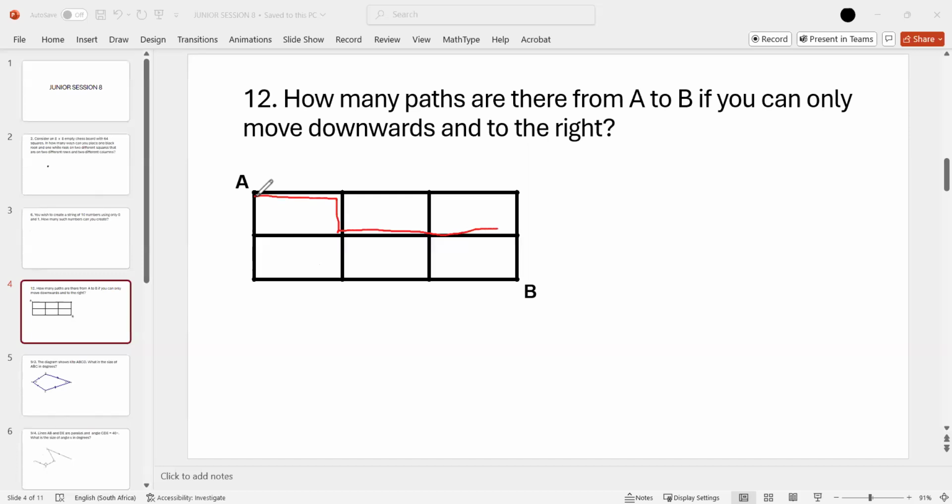And I carry on going to the right here like this, and then come down. So this gives a path. Now you can have many such paths, as you can well imagine.